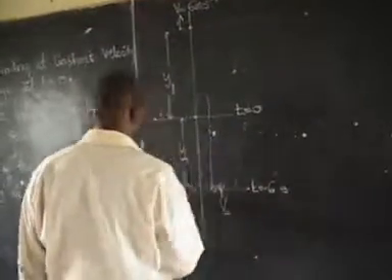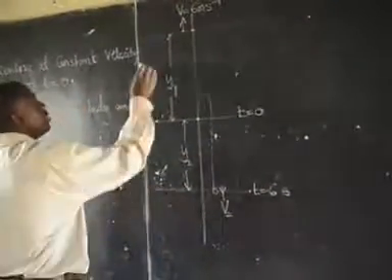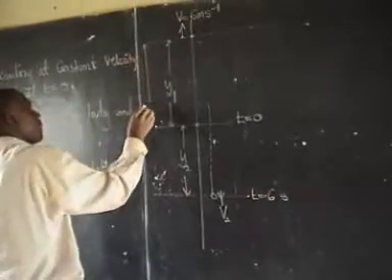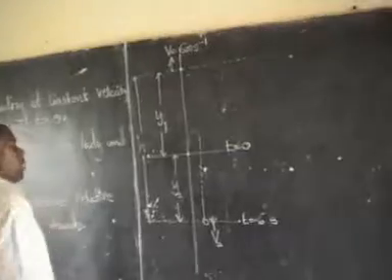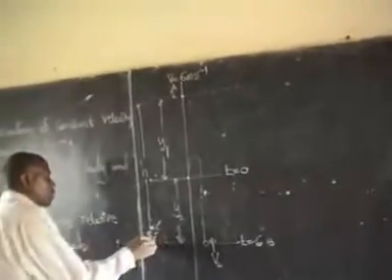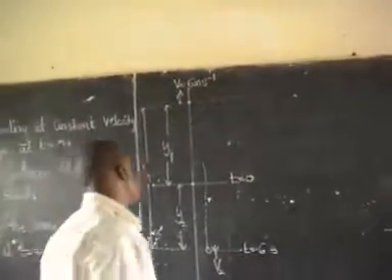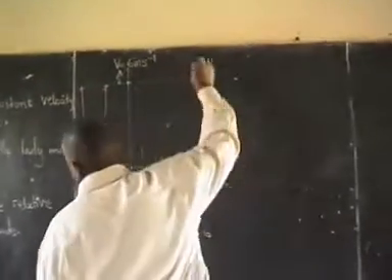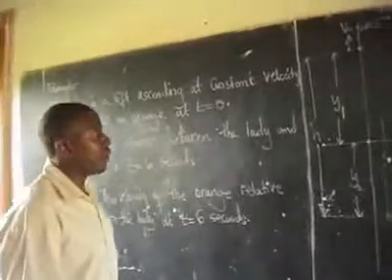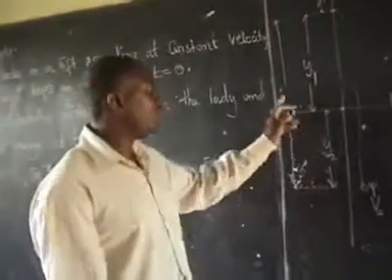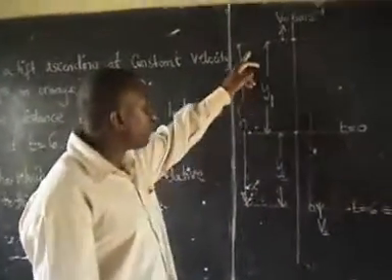If h is the required distance, then h is the summation of the magnitudes of the two. So in order to get that distance, we are going to find the values of y1 and y2.